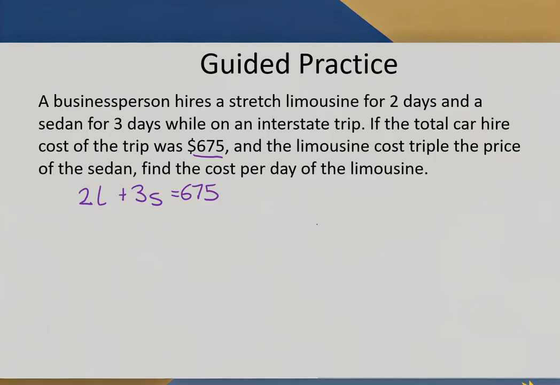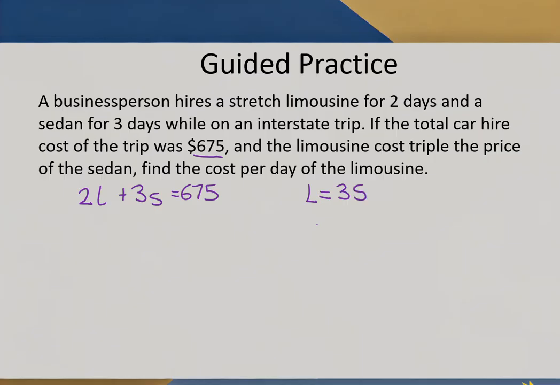Okay, the next, let's keep reading. And the limousine cost triple the price of the sedan. So the second equation will just be limousine is equal to whatever the sedan is and triple it. So L equals 3S.